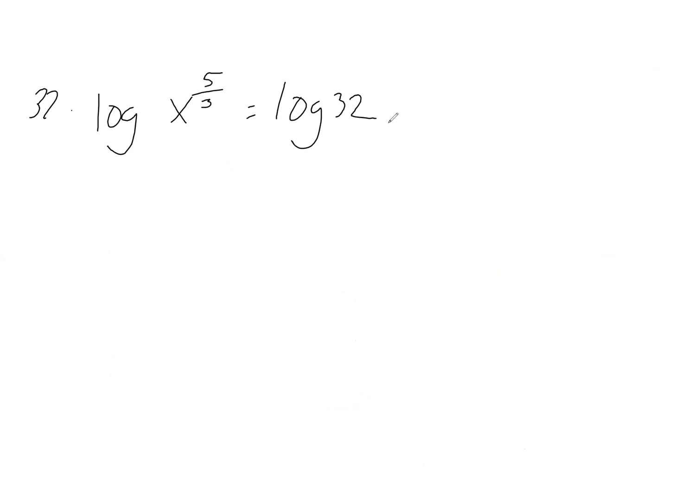Okay, so neither of the bases are written down on this one, so these are both base 10. So when we have the same base on each side, log base 10 of something and log base 10 of something, then those two somethings are equal to each other. So these are equal.